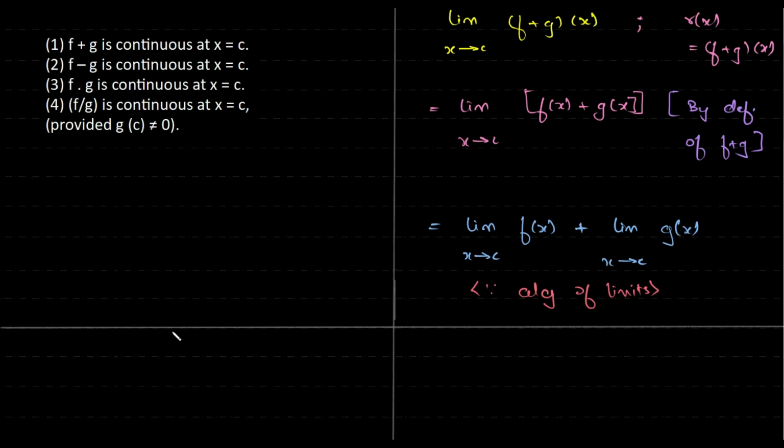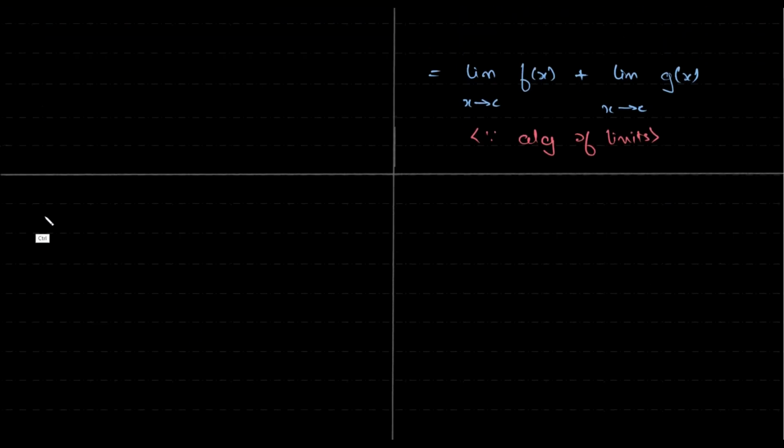What does this mean? Since the functions are continuous at c, what we can write is f of c plus g of c.